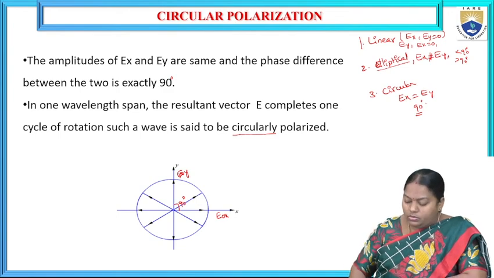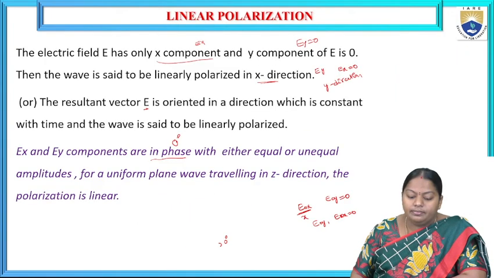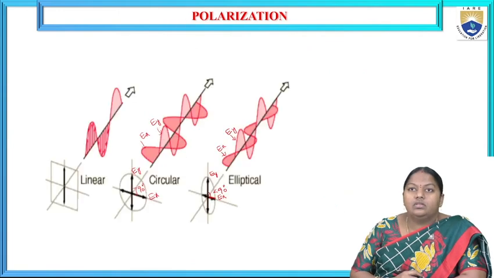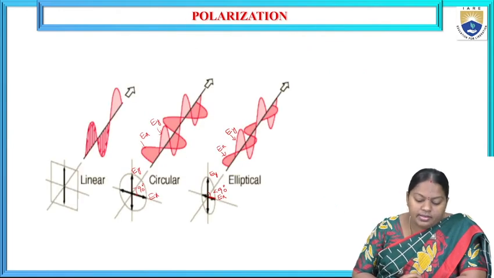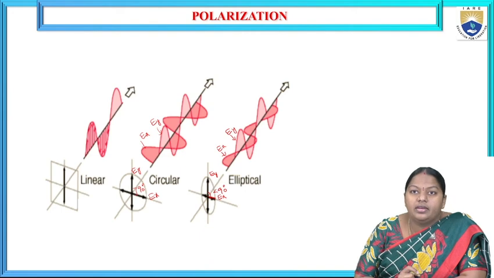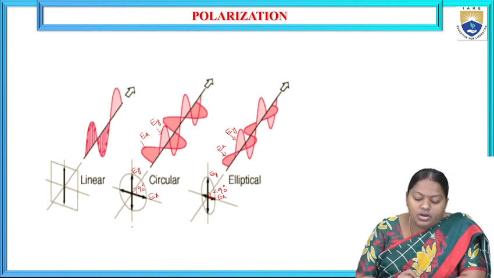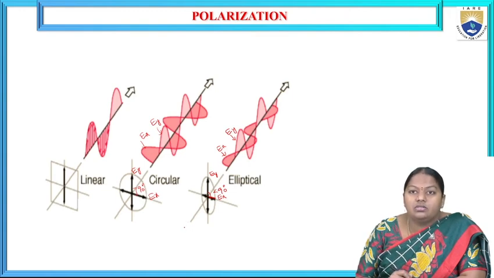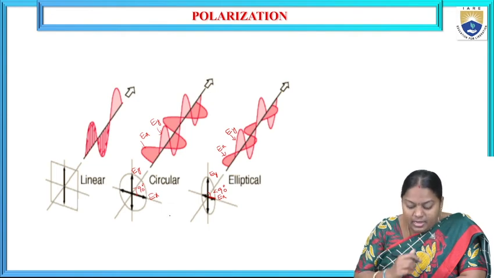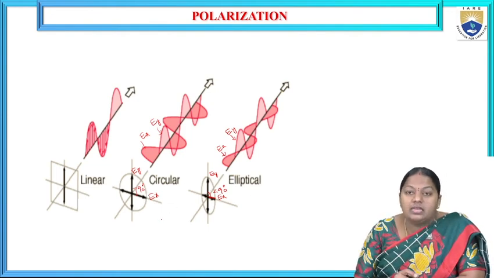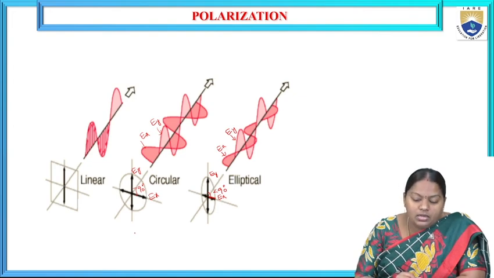Okay, so this is the way we can define the three types of polarization: linear, circular and elliptical. Linear and circular polarizations are special cases of elliptical polarization. Sometimes it may follow linear polarization and sometimes circular polarization, right? So polarizations are of three types: linear, circular and elliptical.